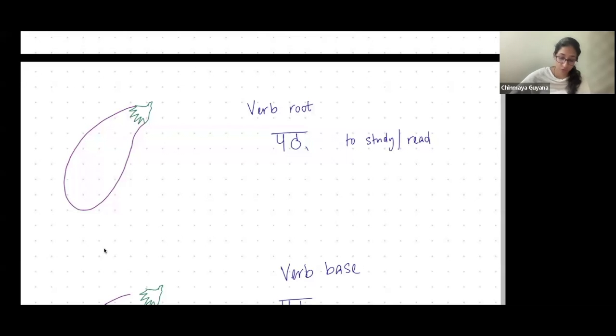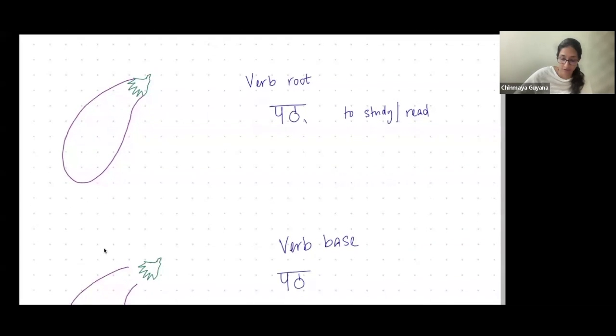From these verb roots, just about 2200, the entire language is built. All the meanings, most words come from verb roots. Nouns, verbs, everything. You cannot use the verb root directly. You have to turn it into a verb base. And then the verb base is what is used in the language.